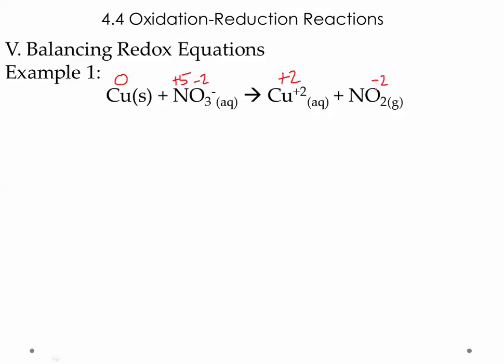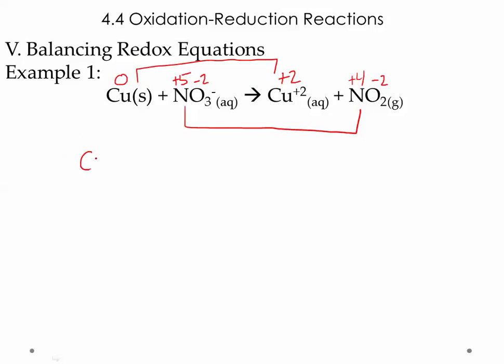Oxygen's -2. And so nitrogen has an oxidation number of +4. So look, nitrogen is being reduced. Copper is being oxidized, so those are our two half reactions.